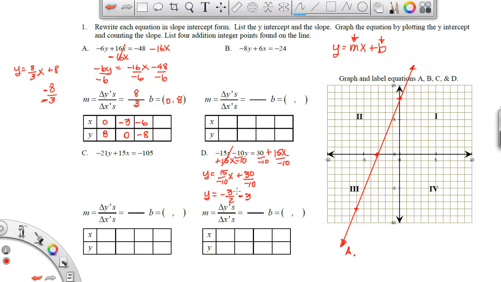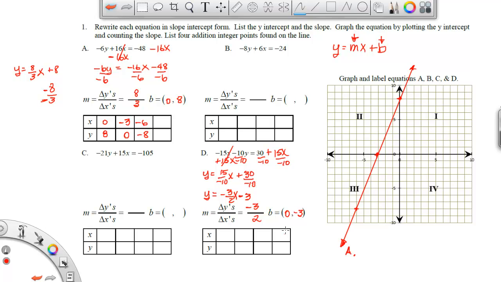So there's my equation. Don't forget our x there. So y equals a negative 3/2 x minus 3. So my slope is the number in front of the x term, so that'll be a negative 3 over 2. And then my y-intercept, remember the x is always 0 on the y-intercept, so this y-intercept is 0 and a negative 3.